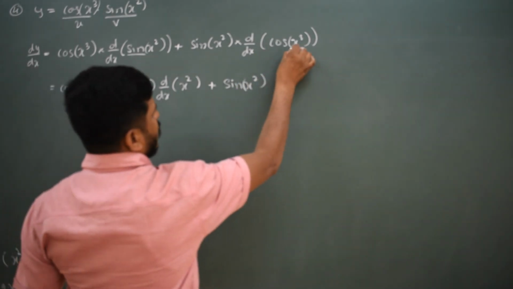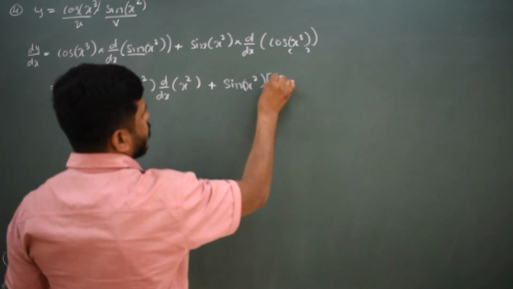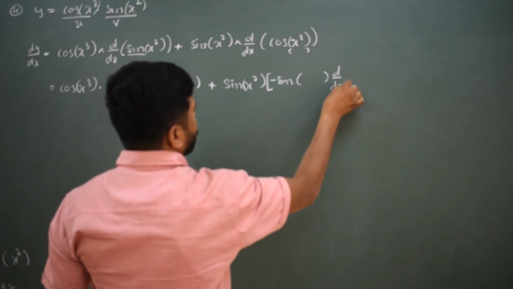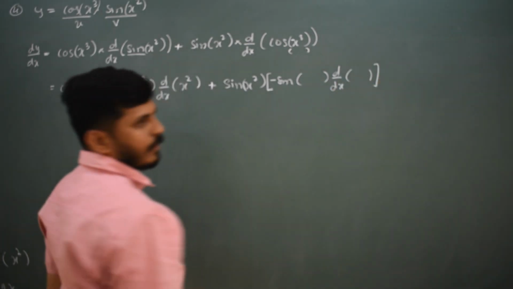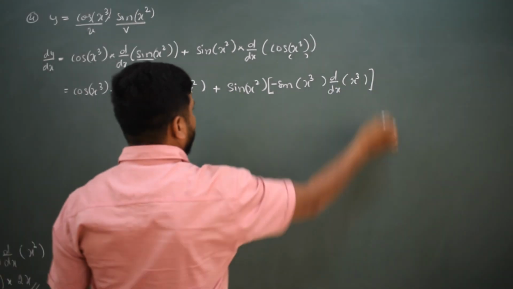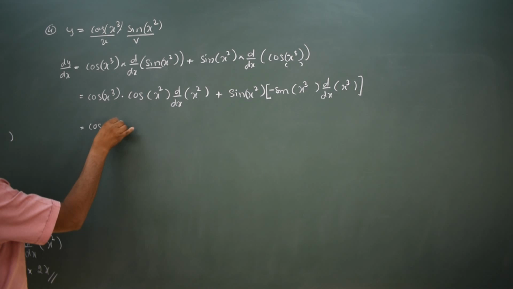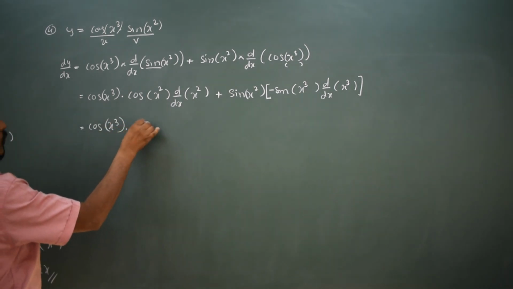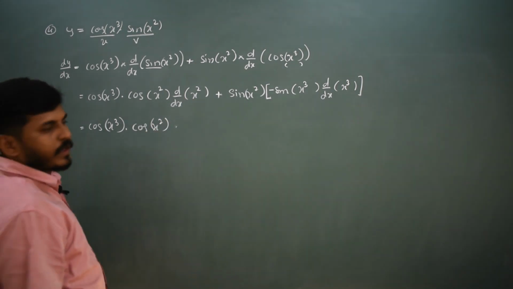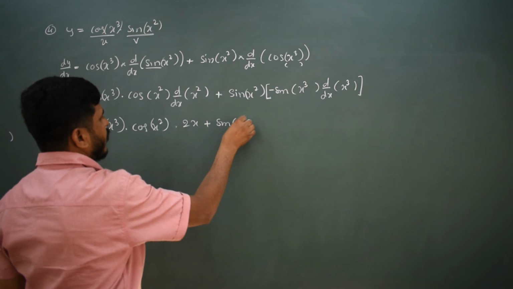Now read it as cos of something. What is the differentiation of cos of something? Minus sine of something into differentiation of something. What is something there? X cube. That's equal to cos x cube into cos of x square into differentiation of x square, which is 2x, plus sin x square.